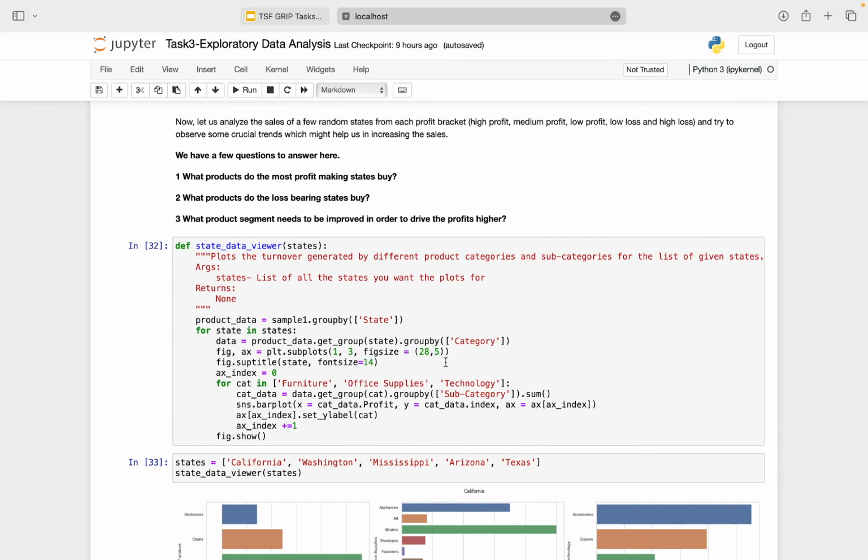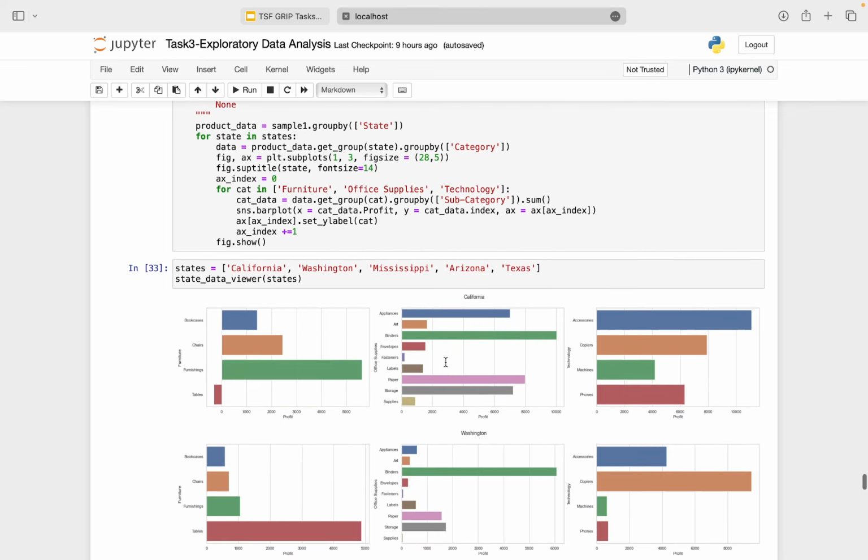We now try to analyze the sales of a few random states for each profit bracket and try to observe some crucial trends. Some of the trend questions that we would want to explore are: which product is making the most profit, which product causes the most loss, and which product segments need to be improved.